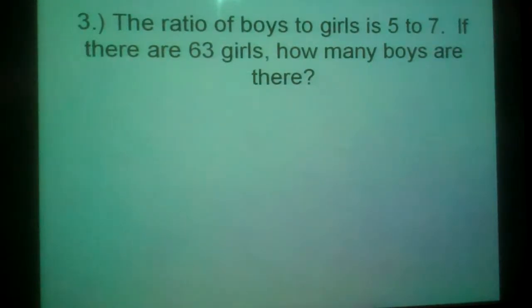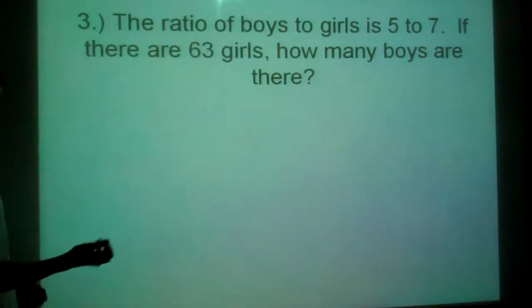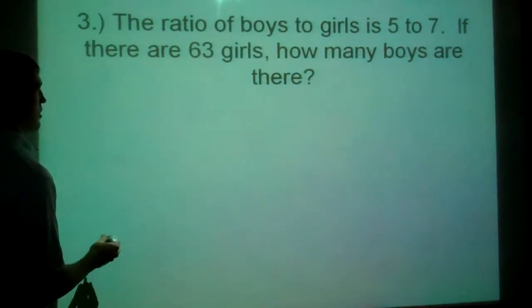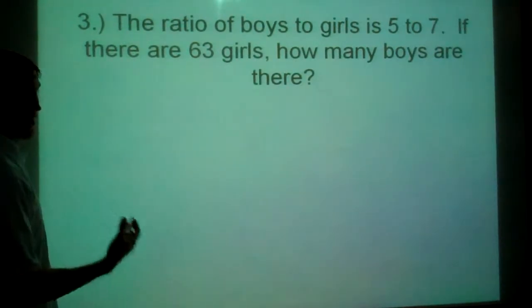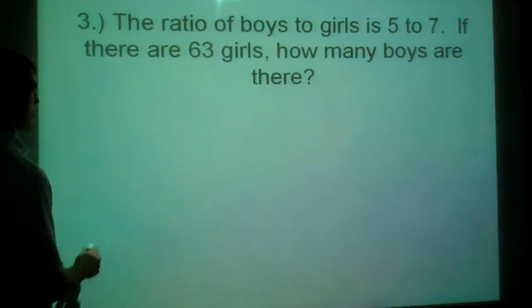Number 3. The ratio of boys to girls is 5 to 7. If there are 63 girls, how many boys are there? Well, for this we usually use a ratio table. Doesn't mean you have to do that, but it helps us organize.